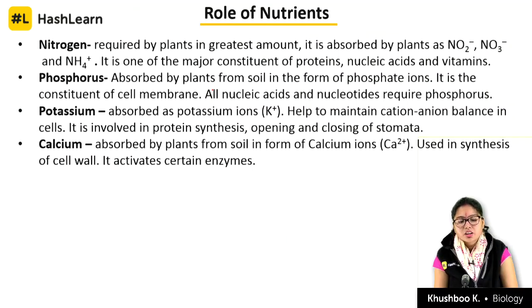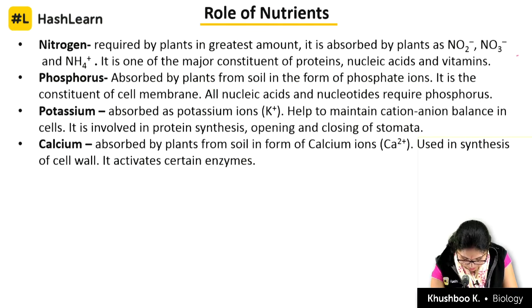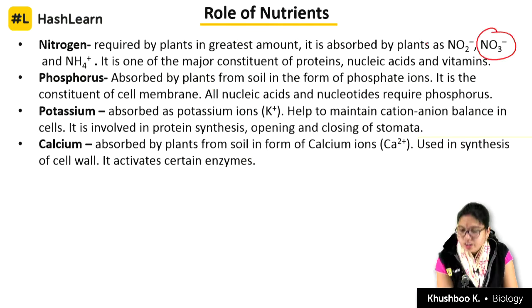So the first element to discuss is nitrogen. Nitrogen is required by plants in the greatest amount, that is one of the macronutrients, and it is absorbed by plants as nitrite, nitrate or ammonia, and it is NO3 minus, okay. This is the form in which nitrogen will be absorbed maximally.